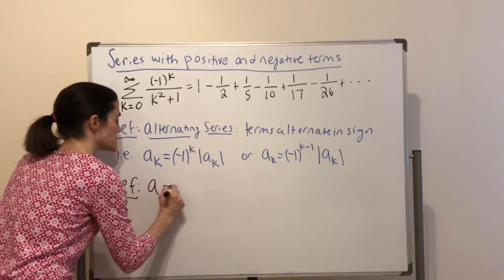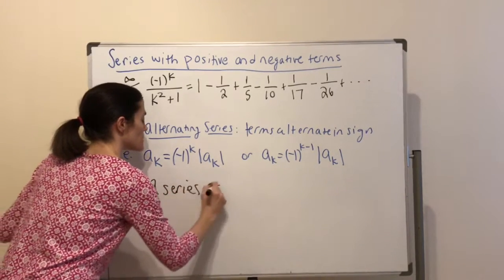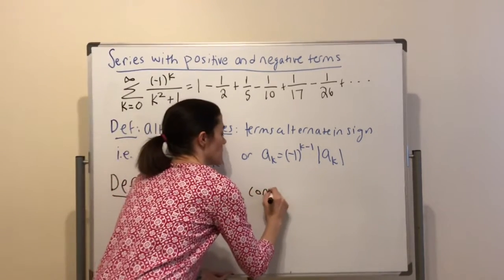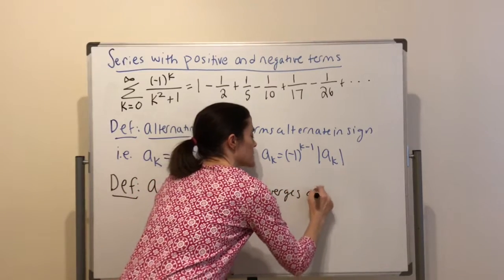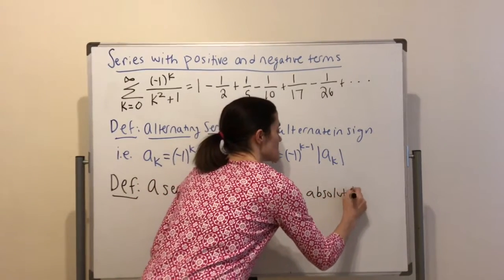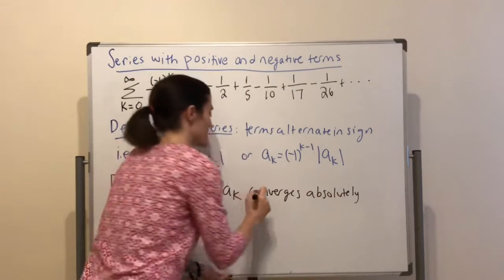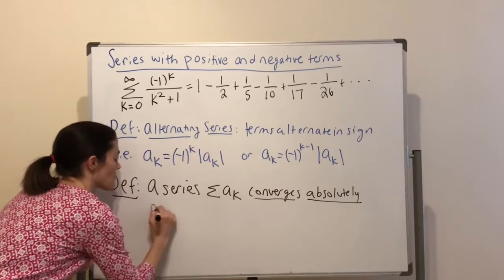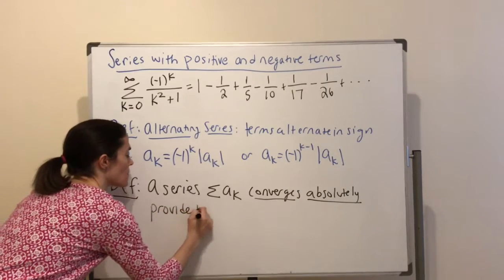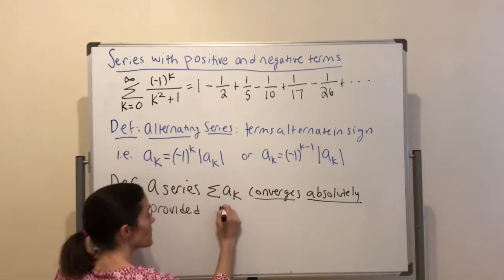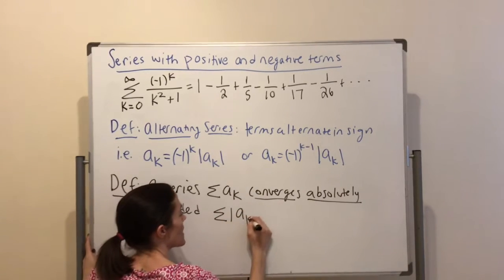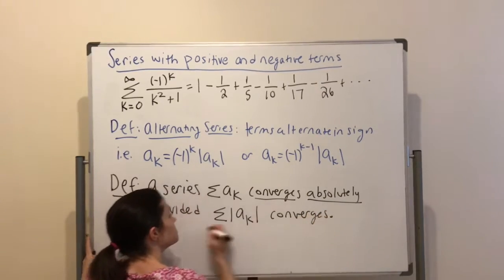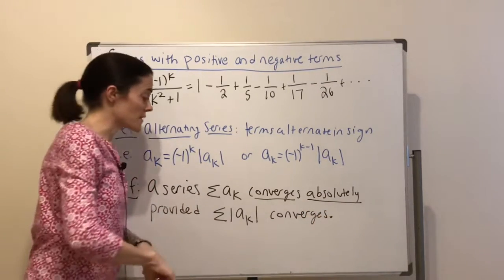A series, the sum of a_k, converges absolutely, so this is one type of convergence, provided the sum of the absolute value of a_k converges. This is one type of convergence.